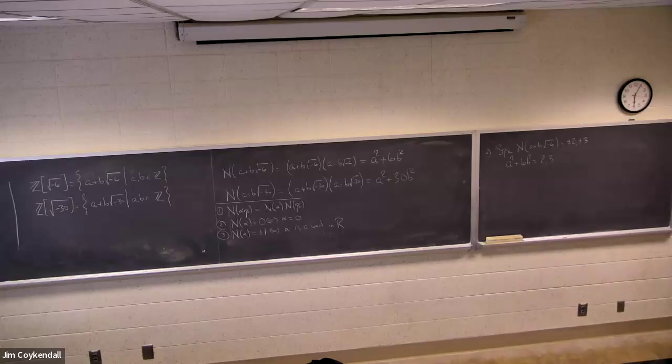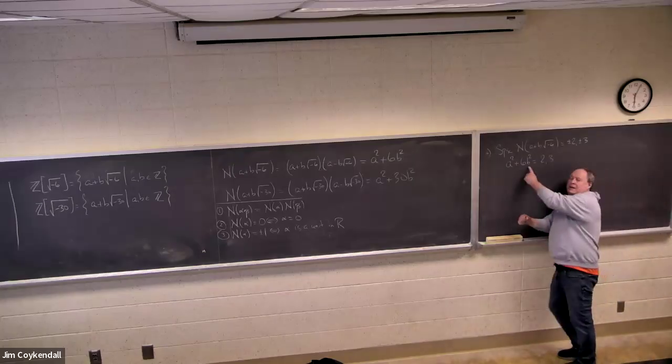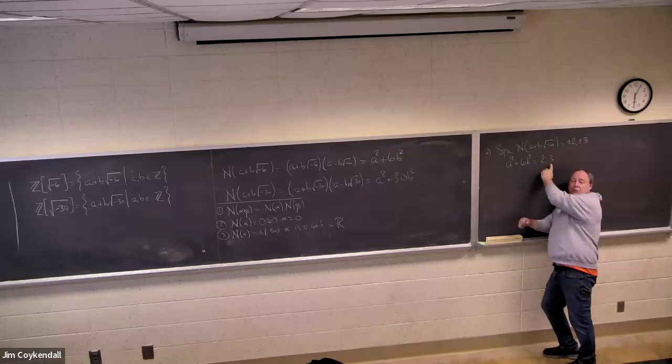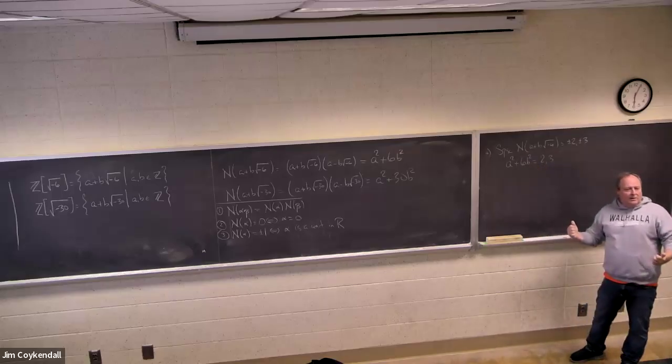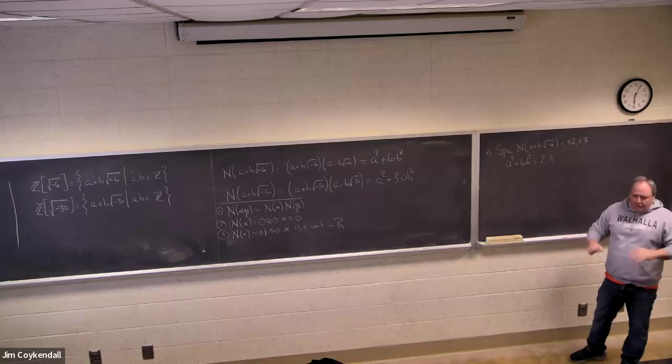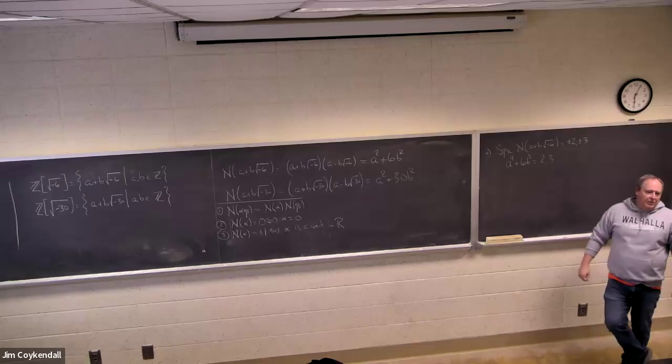Now, let me point out that if b is not 0, then this thing is at least 6. So to be either 2 or 3, b must be 0. Is 2 or 3 a square? No. Okay, so that's the solution.